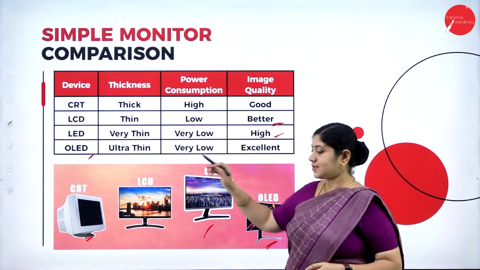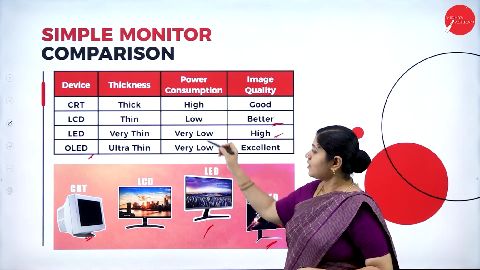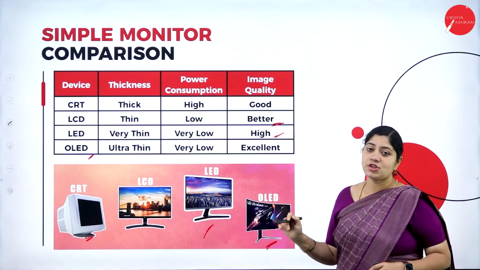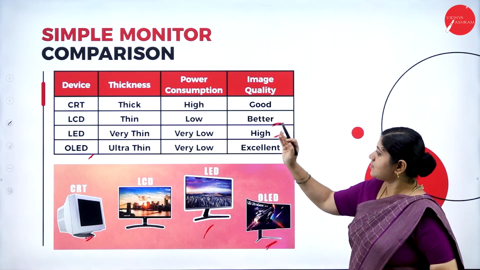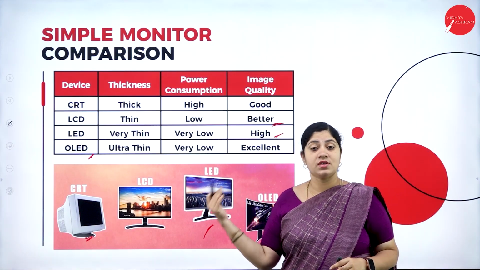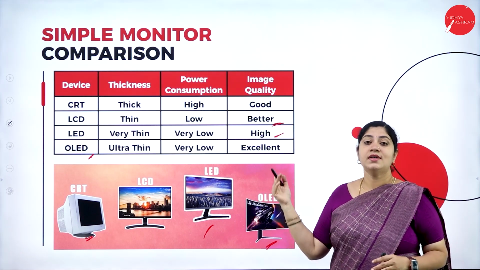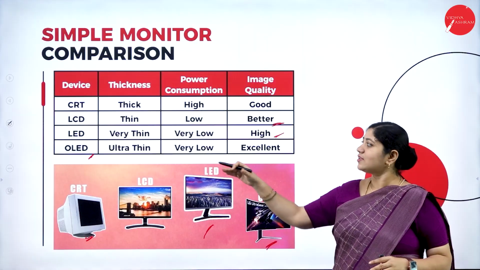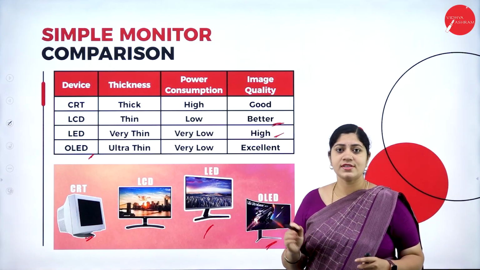The thickness of the screen is ultra thin, the power consumption is absolutely low, and the image quality is excellent. So this is a simple comparison, and by seeing this comparison as well as images, we can correlate that the advanced technology is our OLED and it has more advantages compared to our previous display monitors, isn't it?